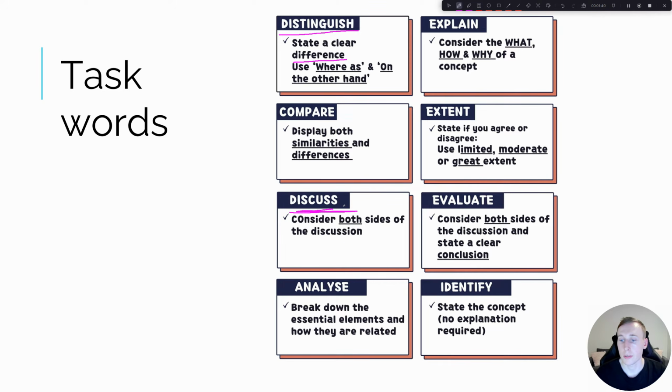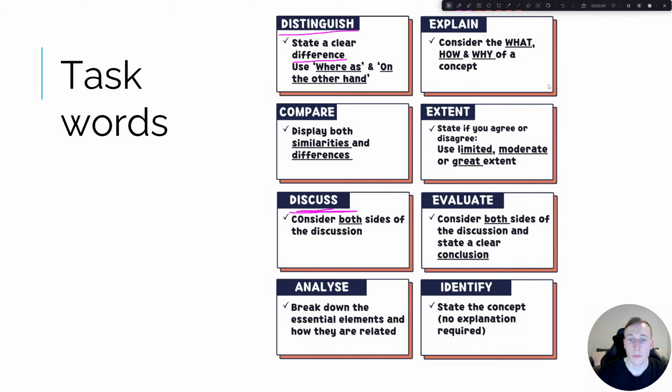If you see a discuss question, you really need to make sure you're talking about both sides. If you think about the argument, there might be either strengths and weaknesses, what something does or doesn't do, but we need to consider both sides. This would be a really good slide to pause on and make sure that when you see each of these task word examples potentially on a SAC, you know what each of them are asking from you.